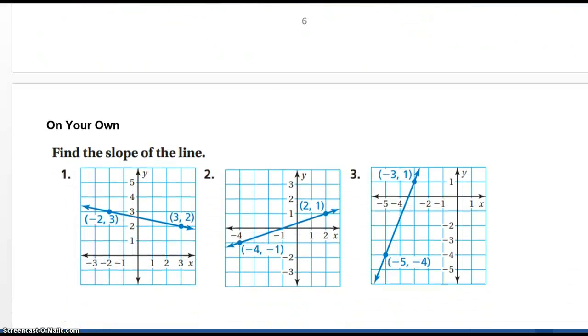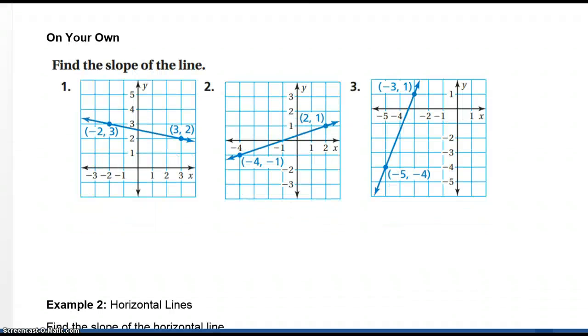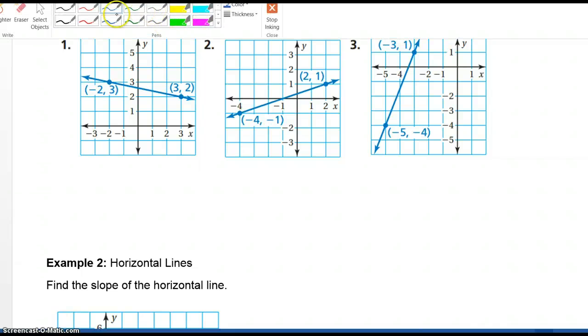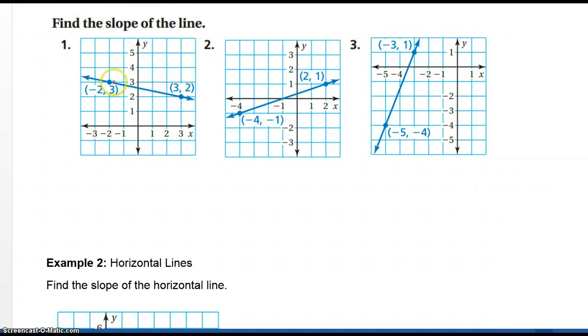Okay, so what we would like for you to do is to find the slope of each of these. There is not a triangle drawn yet. So I'm going to go up here and get a little different color. So you could draw what your teacher called a slope triangle down here. So straight down from that point across. So again, you should write m equals rise over run.